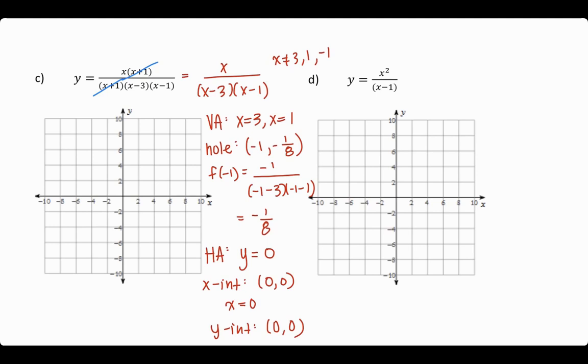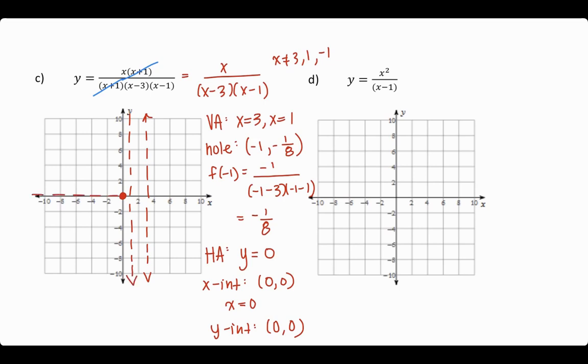So I'm going to put all of this on my graph. There's an intercept. My asymptotes are at 3 and 1. So this is going by 2, so we're going to just do that and that.